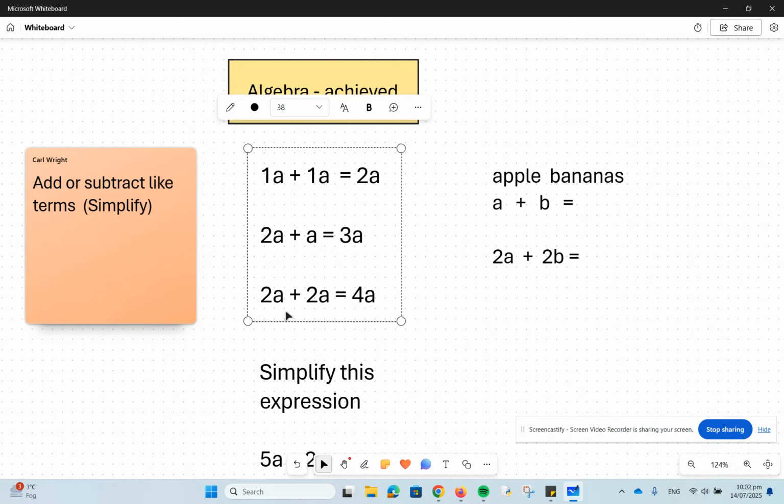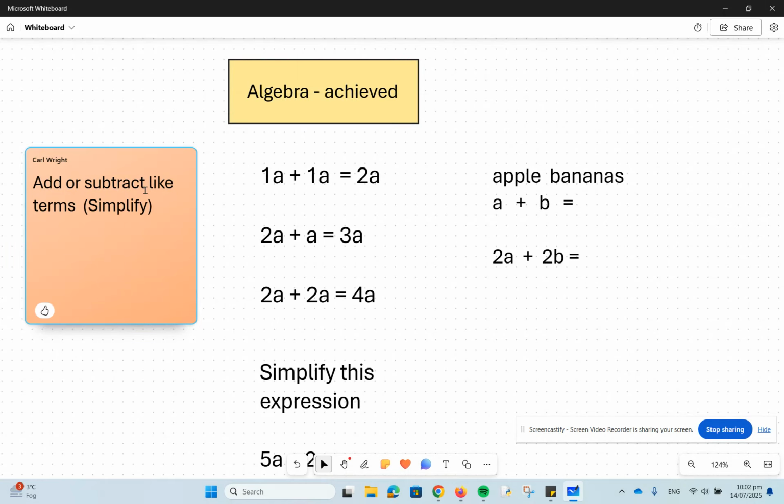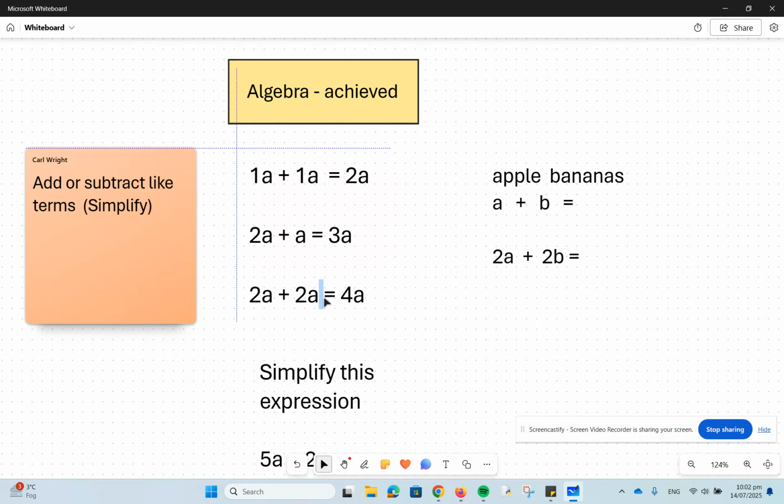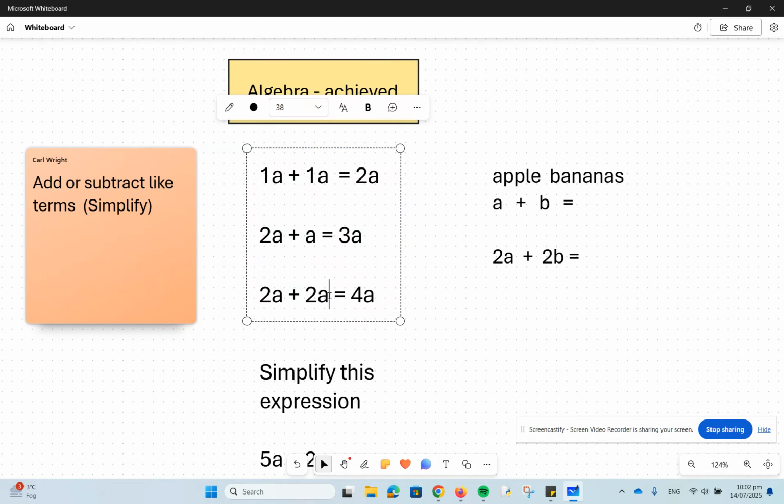Right. So remember, if the powers are different, they never change. You can only add or subtract like terms. So if this was a b, could I add 2 a's plus 2 b's together? No, I would end up with 2 a's as my answer, plus 2 b's as my answer. Can't add them together because the letter's different, or the power is different.